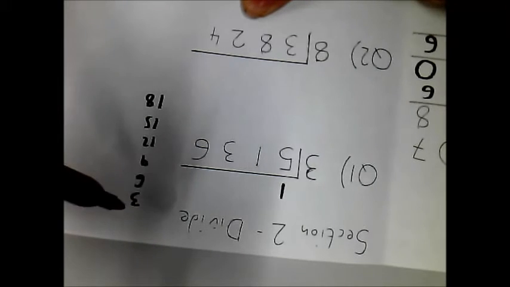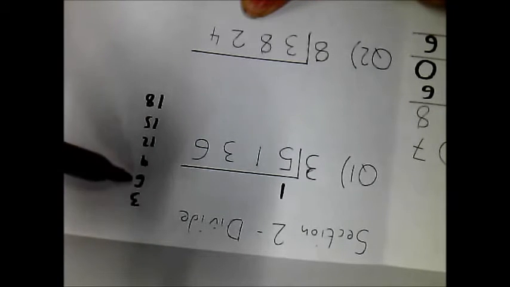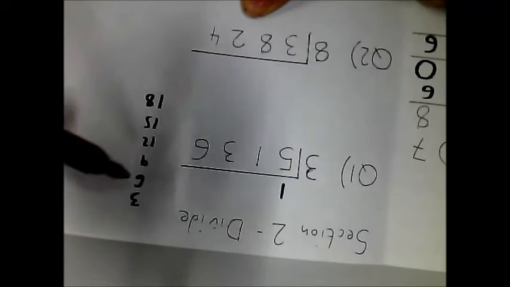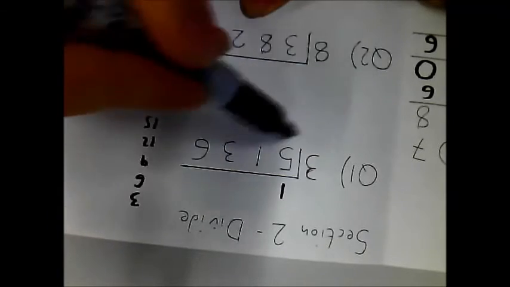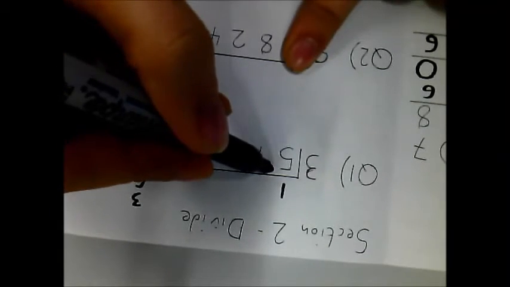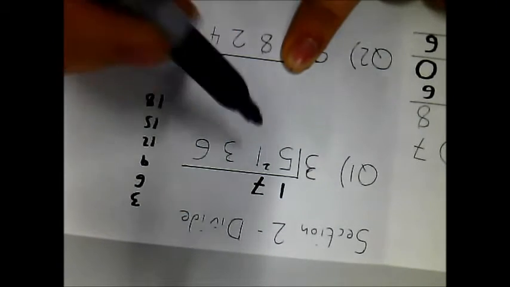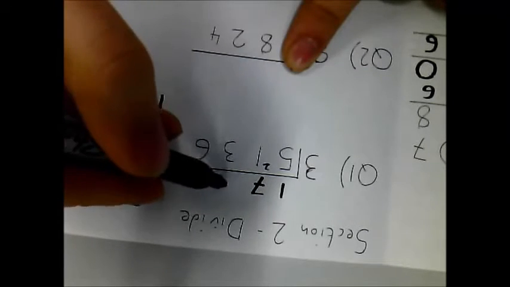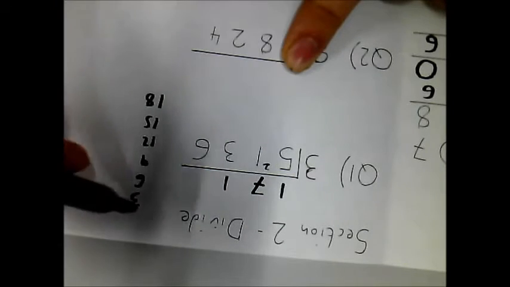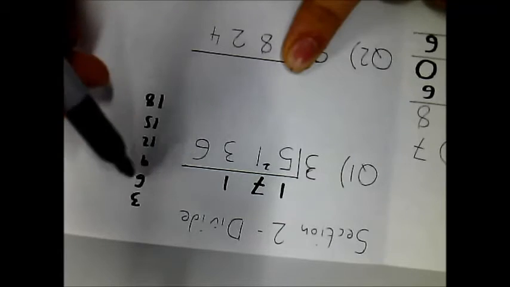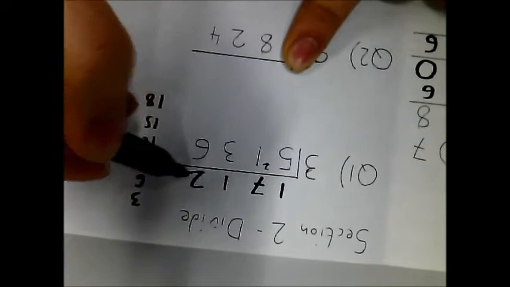If I have 2, it goes over the 5, and I'm 2 away from 5 to get from 3, so my remainder is 2. 3s into 21 goes 7 times, no remainder. 3s into 3 goes once, and 3s into 6 goes twice. 1,712.